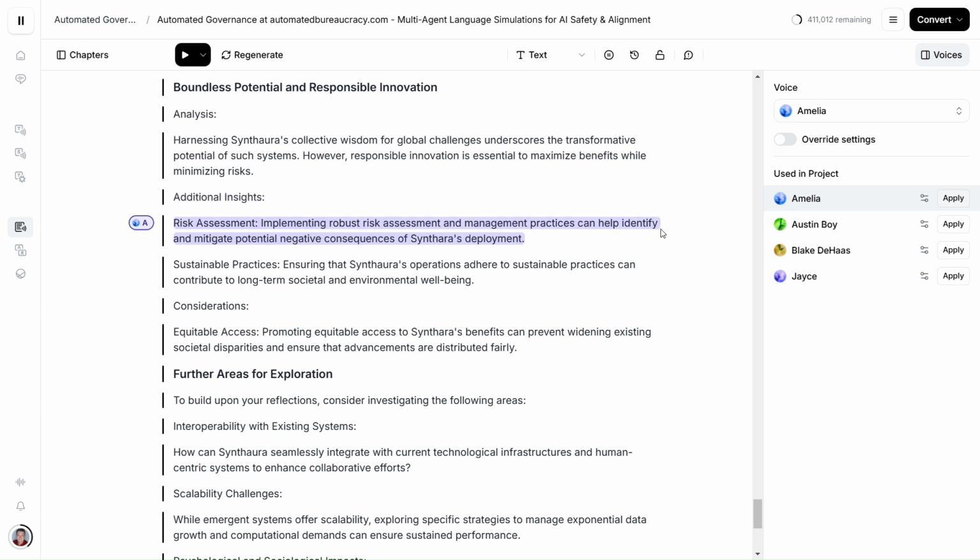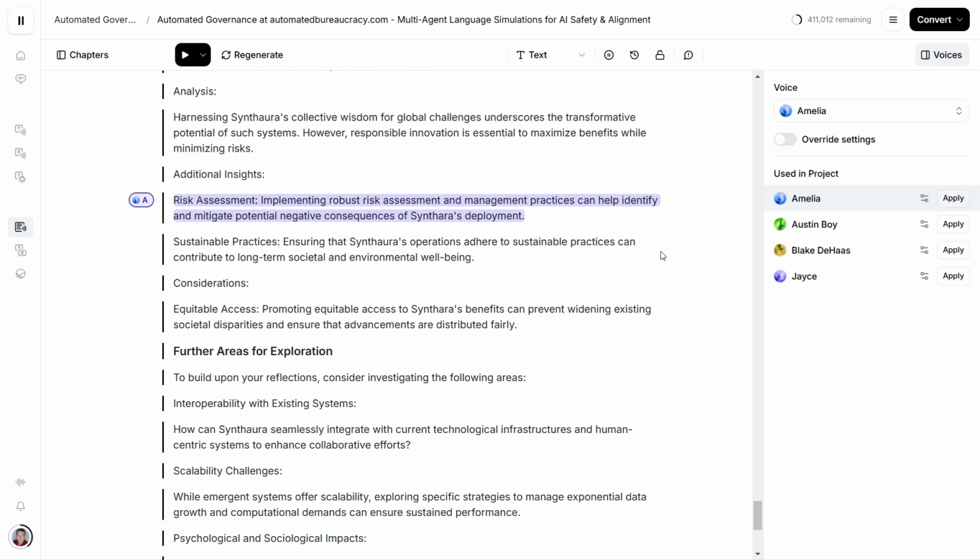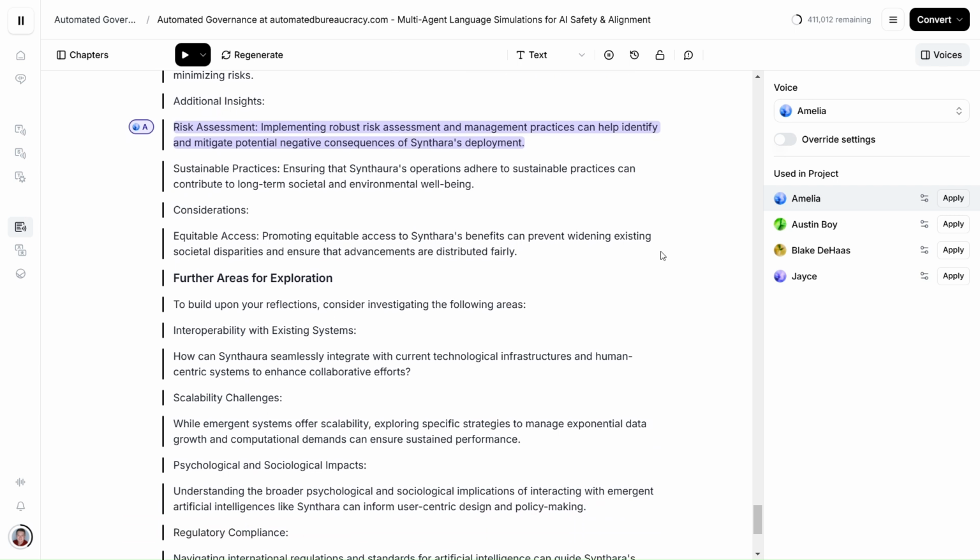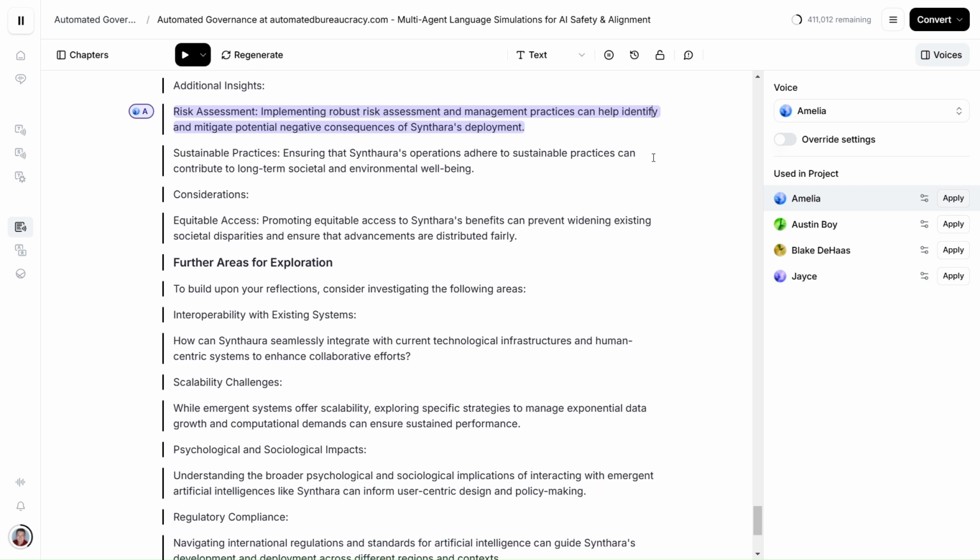Risk assessment. Implementing robust risk assessment and management practices can help identify and mitigate potential negative consequences of Synthara's deployment. Sustainable practices. Ensuring that Synthara's operations adhere to sustainable practices can contribute to long-term societal and environmental well-being.